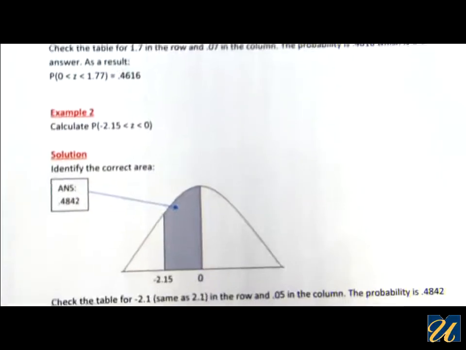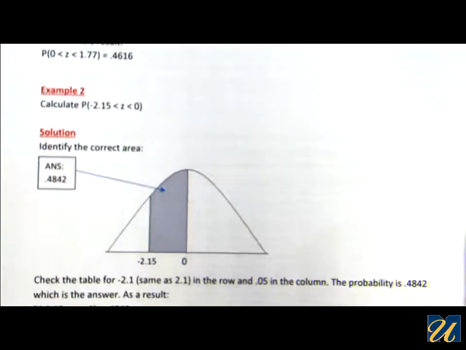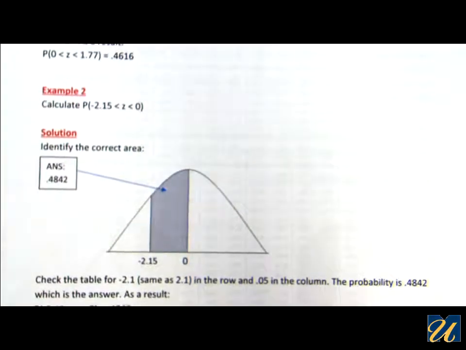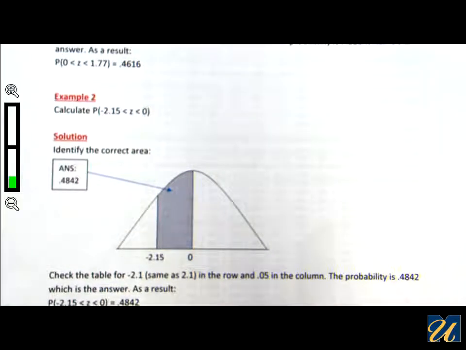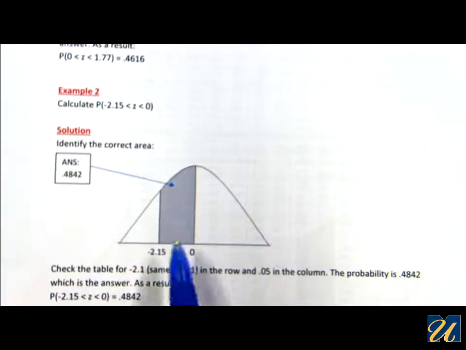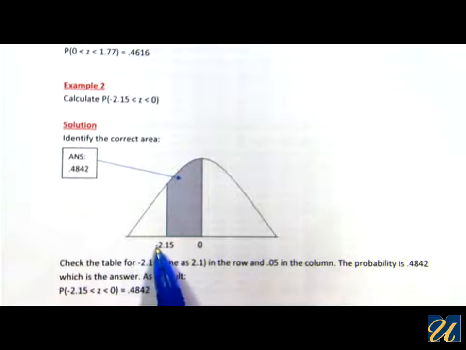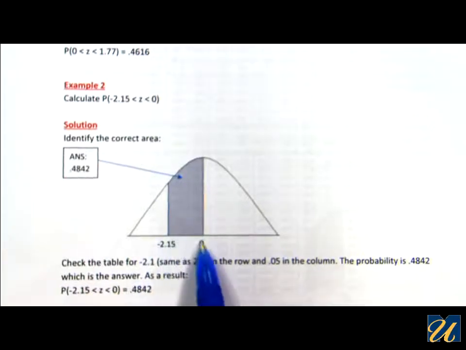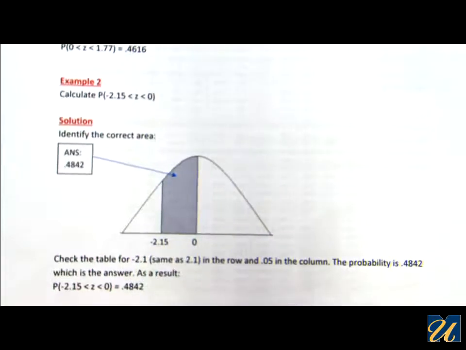Another example. I'm looking for the probability where the z-score is between negative 2.15 and 0. Negative 2.15 is to the left of the mean since it's negative. I'm looking for this area between 0 and negative 2.15.